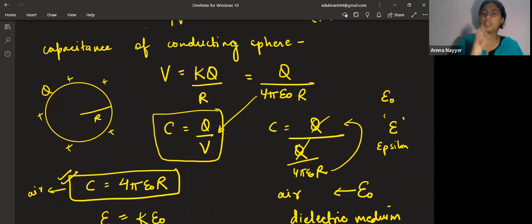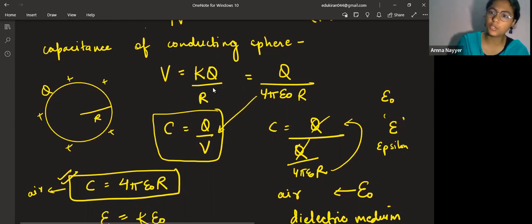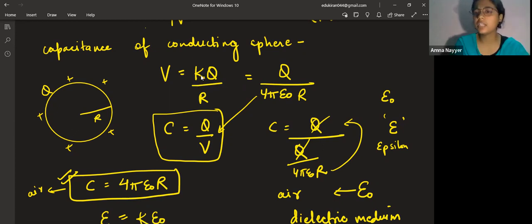You put it in the derivation part here. So instead of kq by r, whatever is the potential for it, you can put it in that manner.